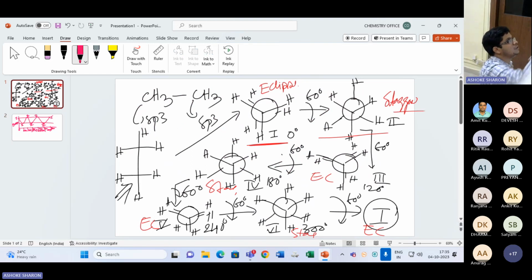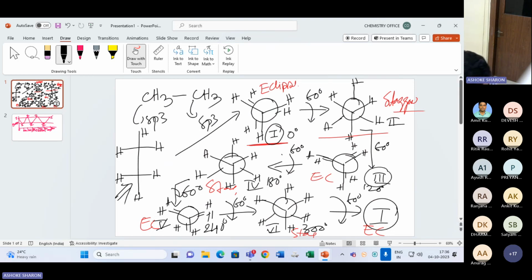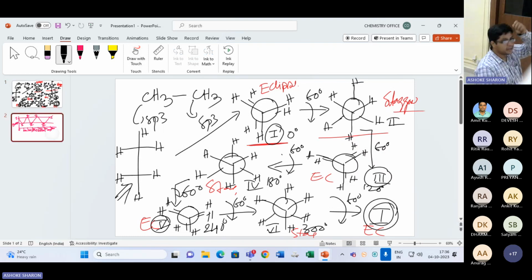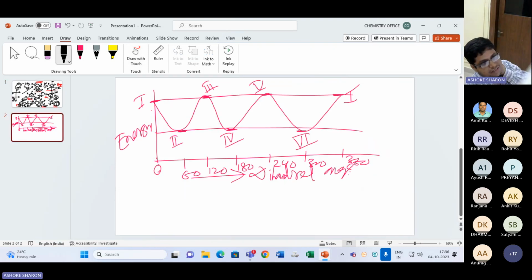You see here, this 1, this 3, this 5, and again 1 are of one type. 2, 4, 6 are another type. So those which are stable have lower energy. Those which are a little bit unstable have a little bit higher energy.